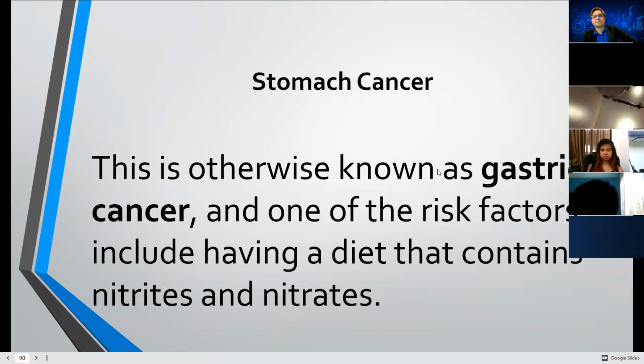Stomach cancer. Okay. This is otherwise known as gastric cancer, because you're not eating at the right time. One of the risk factors includes having a diet that contains nitrites and nitrates. Aside from that, a contributing factor for stomach cancer is your soft drinks, because they contain nitrates also.